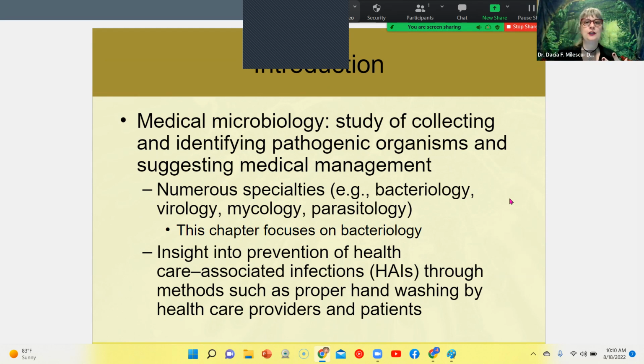So there are people that simply study bacteria and how to manage bacteria with antibiotic therapy. And then there are virologists, mycology, which is the study of fungus, and parasitology. So we're going to go over each one of these specialties within the umbrella of medical microbiology, with each chapter focusing on one of these branches. This is only the beginning, the foundational points that we are beginning to build upon. And by week 5, you will start to learn more about all of these branches.